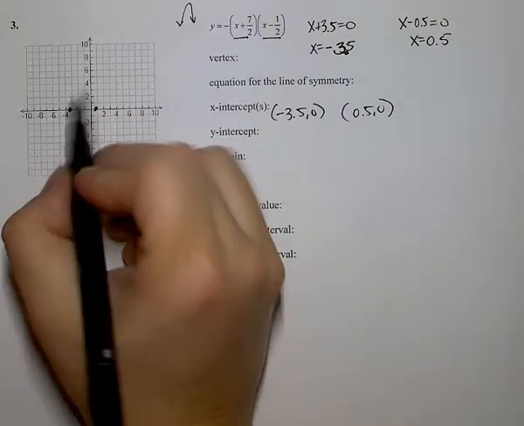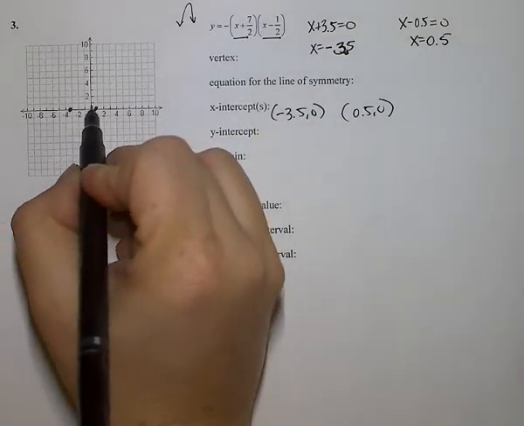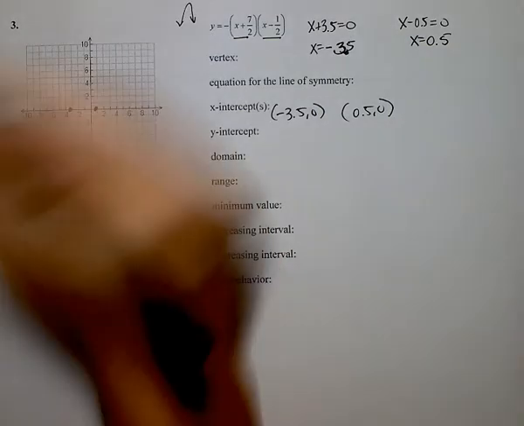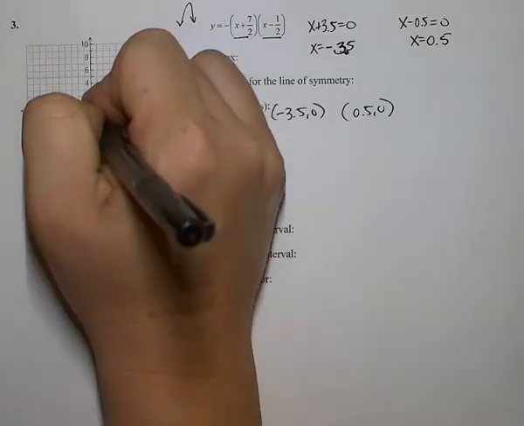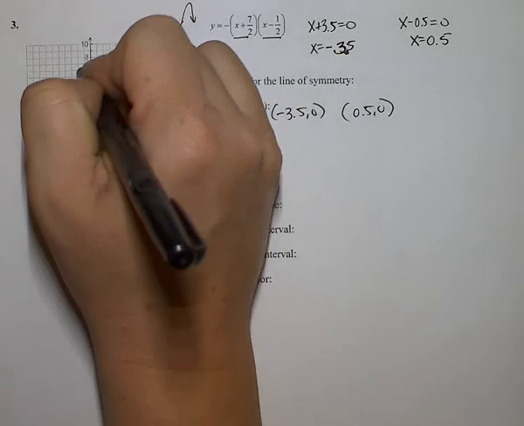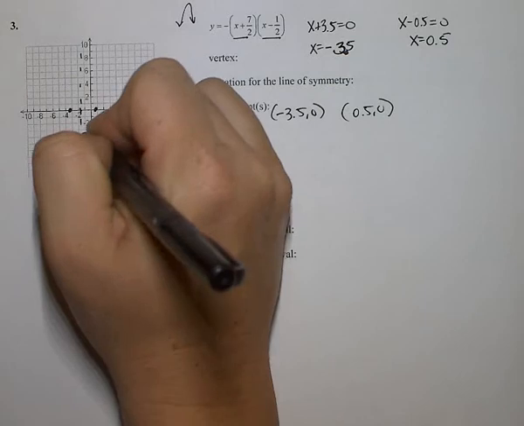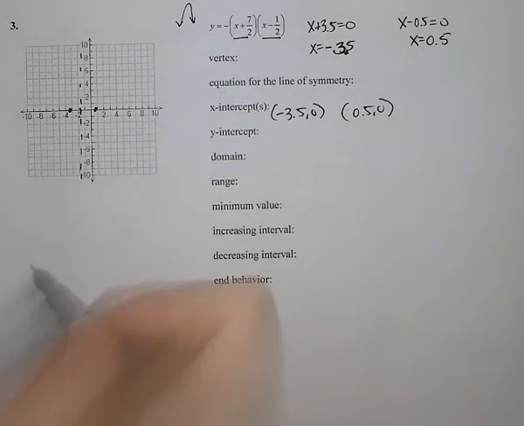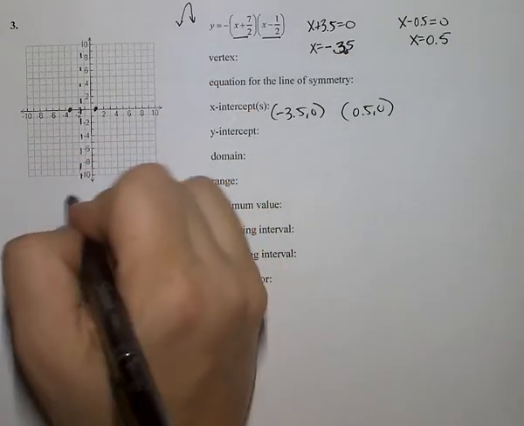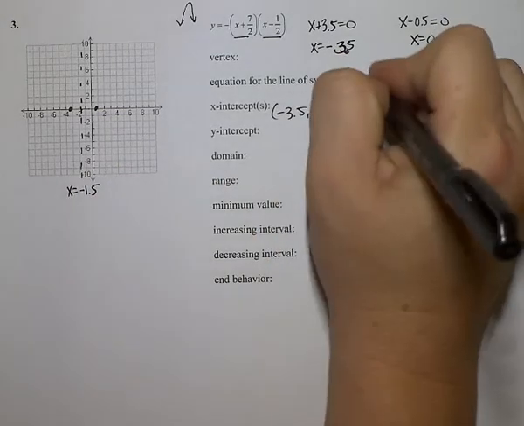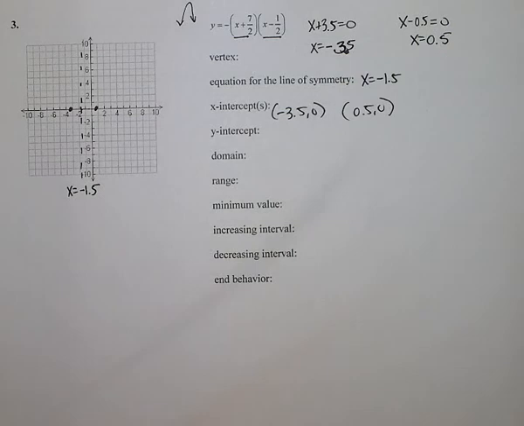So moving from either the left inward or the right inward, we're going to go 2 inside. So 1, 2. So x equals negative 1.5 is the equation for the line of symmetry.